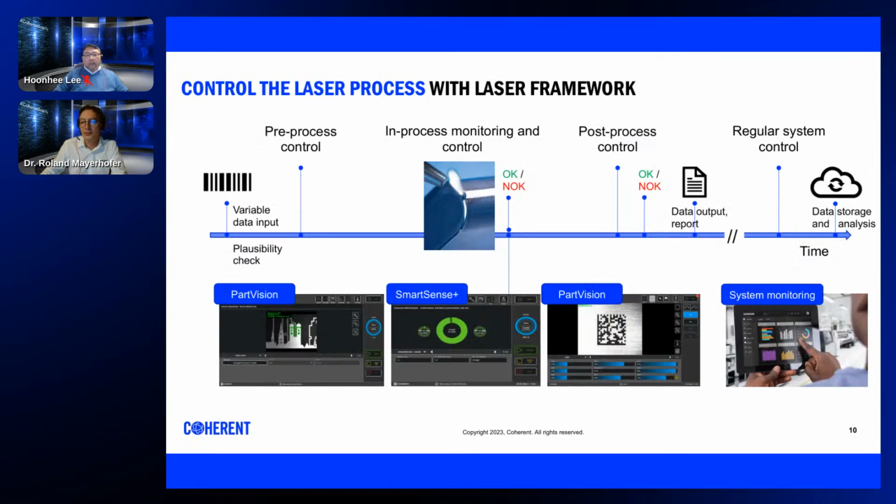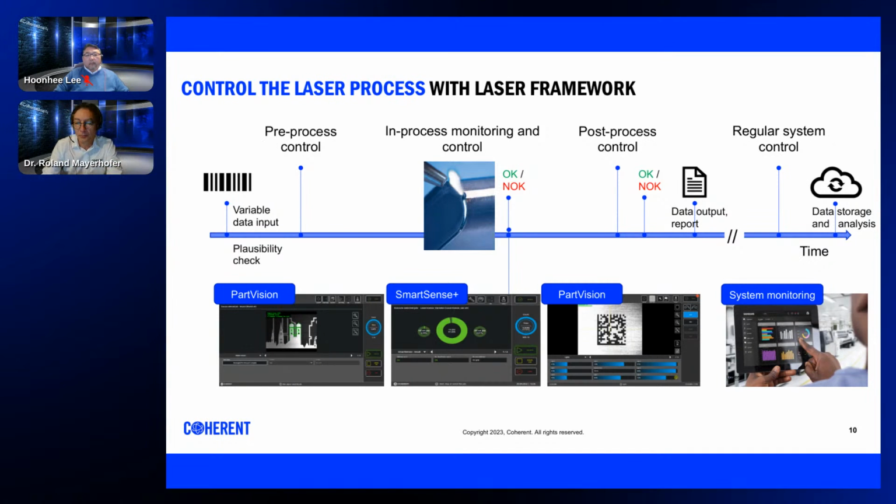So let's see then, of course, laser framework is taking care of all the steps basically. So in the pre-process control, part vision takes care through a TTL camera to look at the position of the part, to check the part if it's the right one. During the process control, there's also a possibility to check the emission data, the optical emission data, as well as the acoustic emission data. It's called Smart Sense.